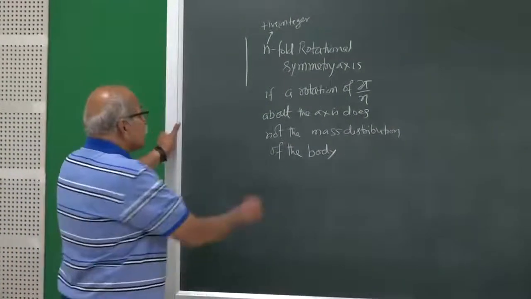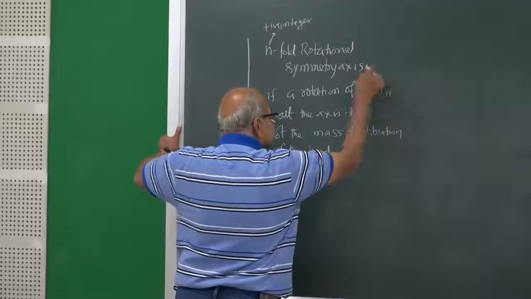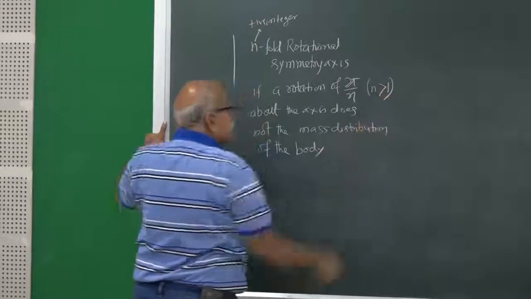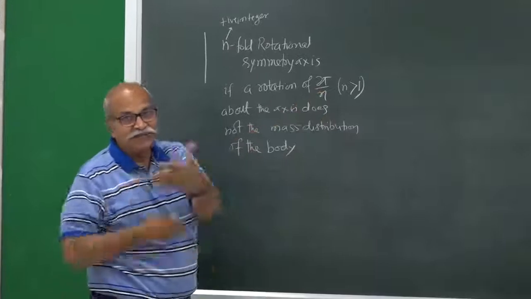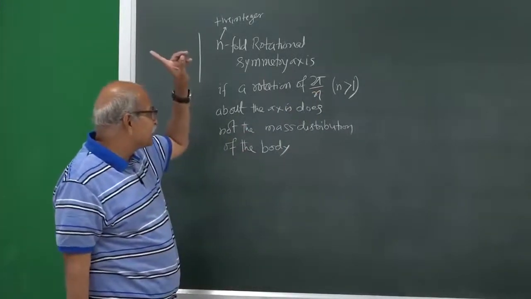All right. So, in a rotation of 2 pi by n, n has to be a positive integer and also greater than 1, because if it is 1, you rotate by 2 pi and everything gets back to the same position, so that is not a rotational symmetry axis.